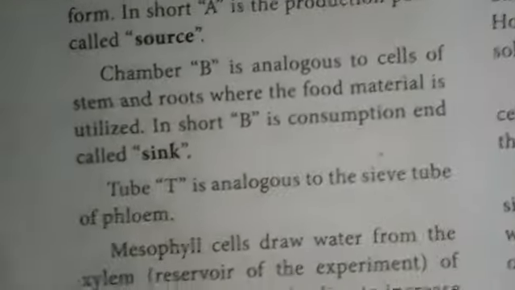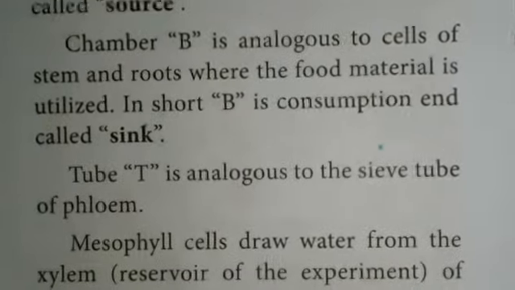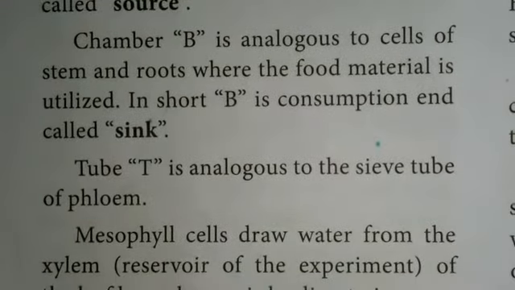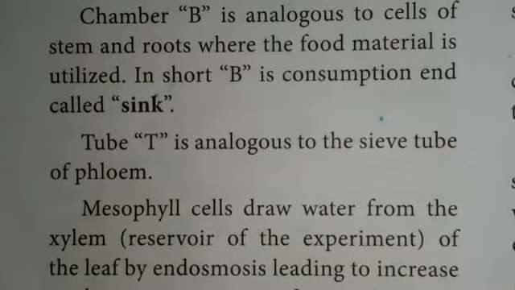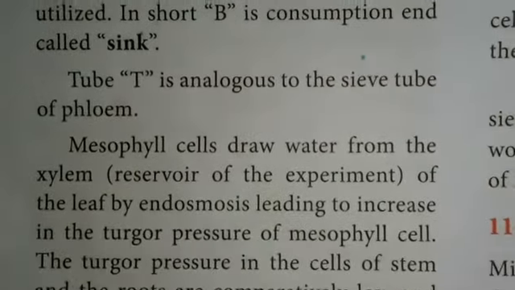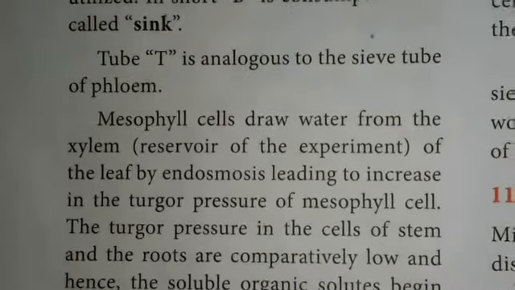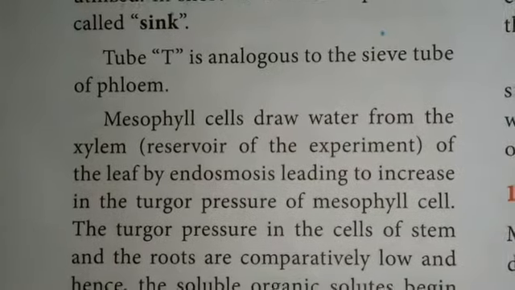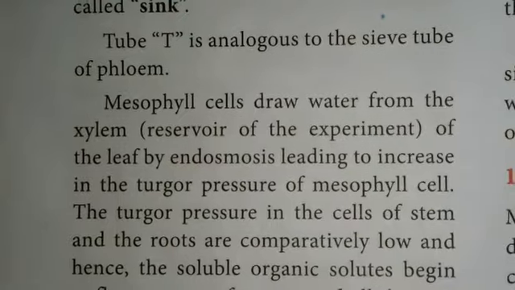Chamber B is compared to the cells of stem and roots, where the food material is utilized or needed. In short, B is the consumption end, called the sink. Tube T is compared to the sieve tubes of the phloem, which is involved in the translocation of food materials from the source, that is the area of synthesis, to the area of utilization.